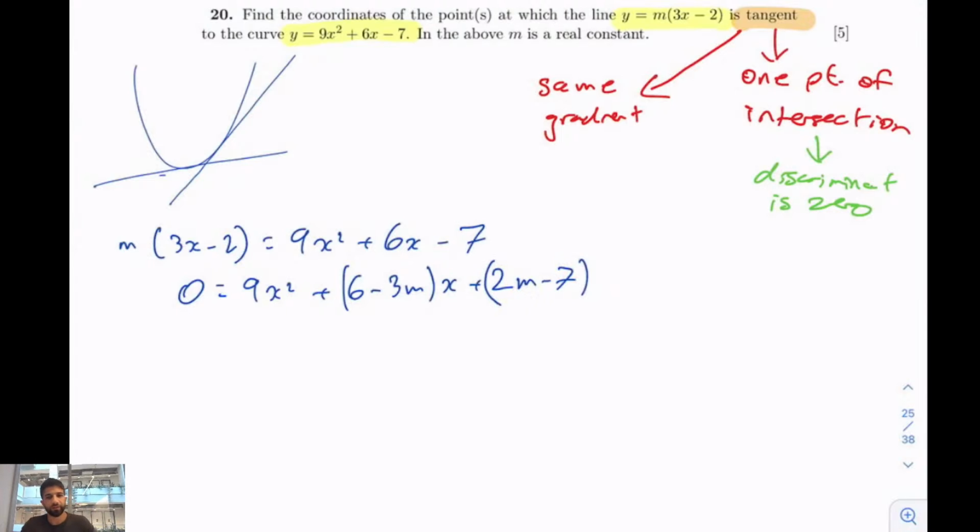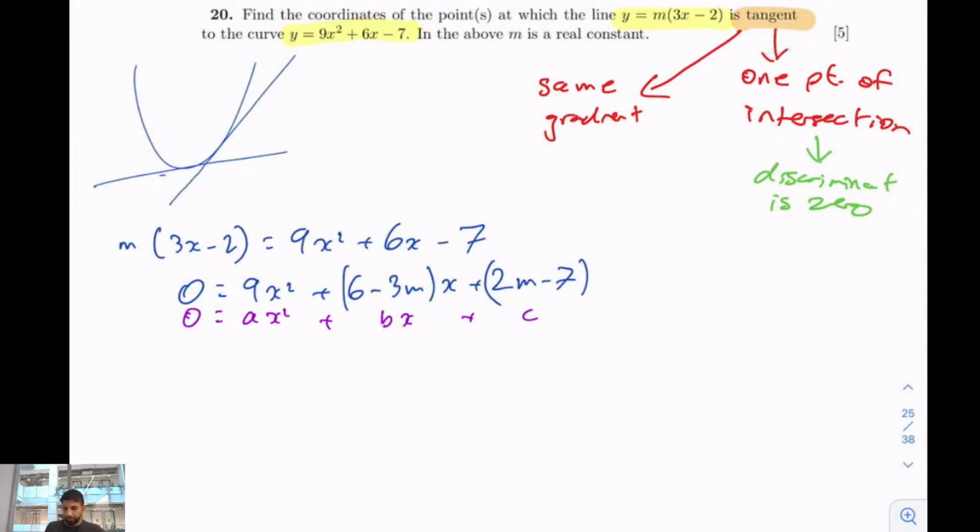So this is a quadratic equation. You can see that this is in the form ax squared plus bx plus c equals 0.